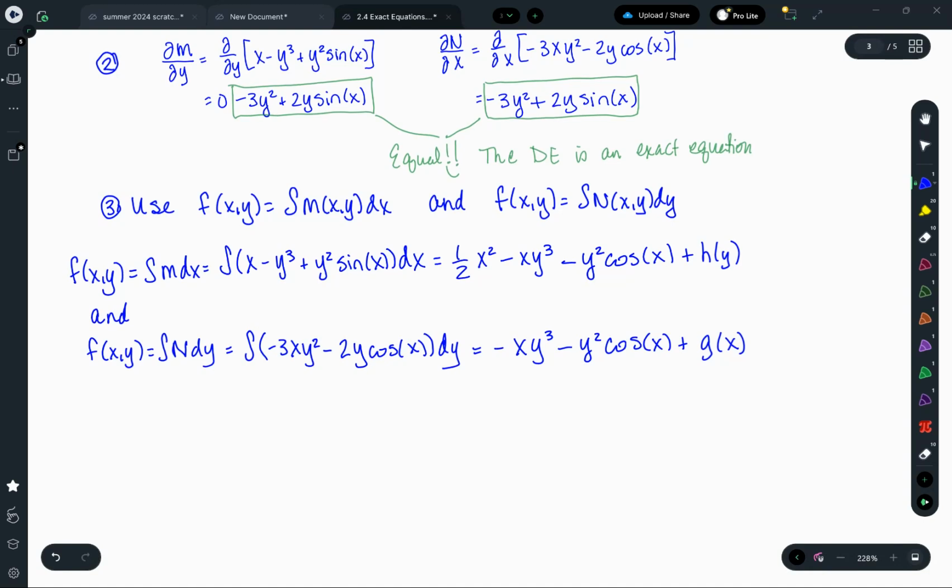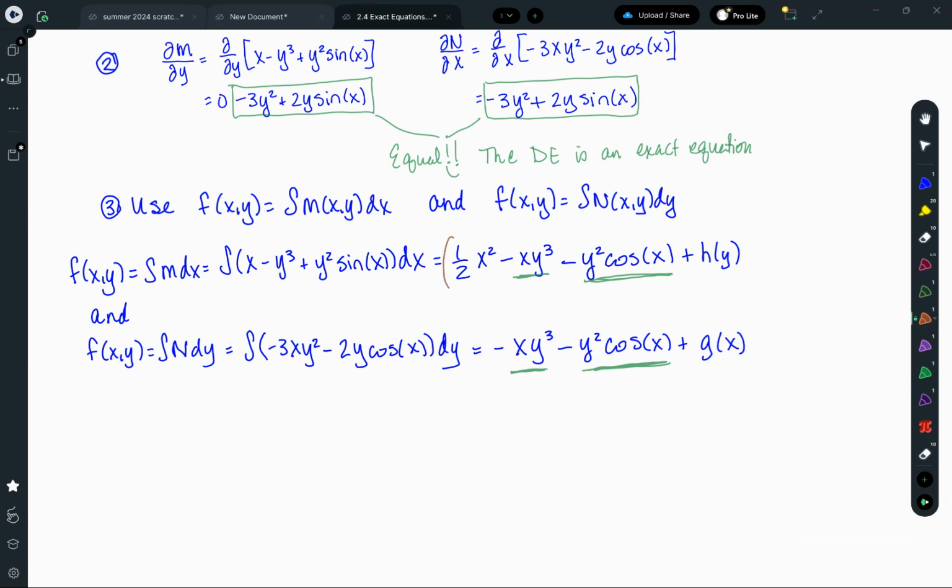Okay, let's compare things. I'm going to underline the things that show up in both. Minus xy cubed, minus xy cubed. Minus y squared cosine of x, minus y squared cosine of x. And then I'm going to circle what is showing up only once.